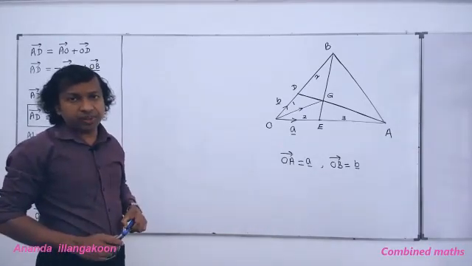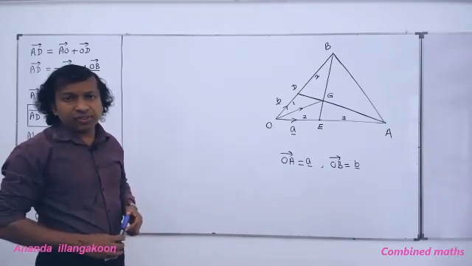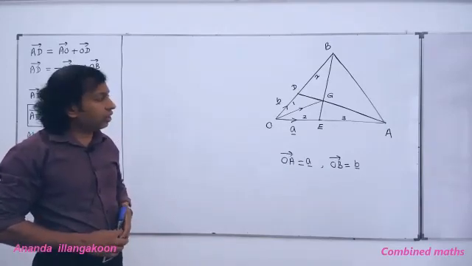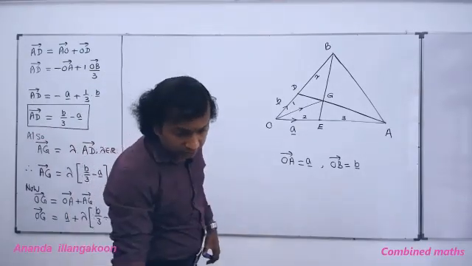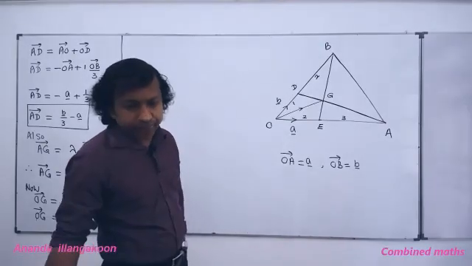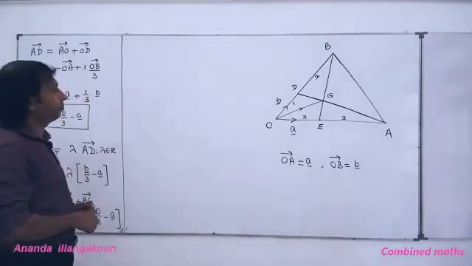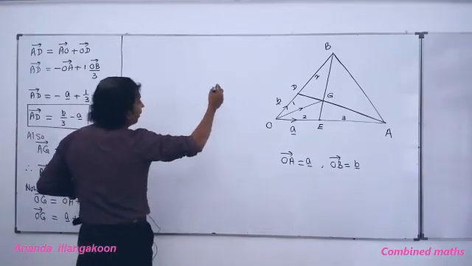Thereby, we can get the second answer too. Try this question to get the second answer for OG. I'll give you 2-3 minutes. Okay, right. Now, next we'll write this BE vector.